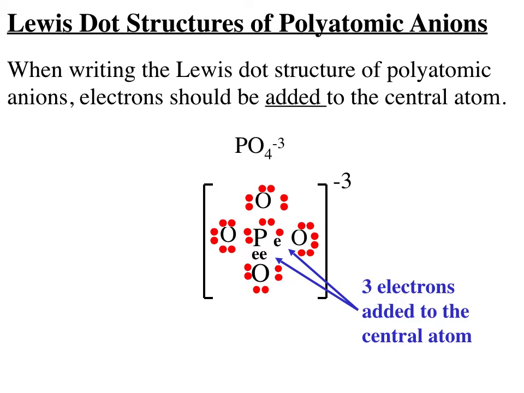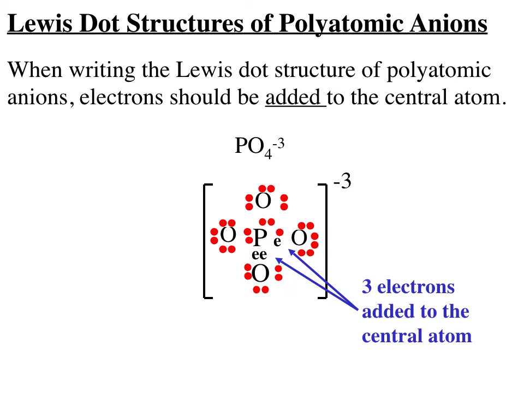So on the central P, which is a 5-dot Lewis dot valence electron structure, because it's in column 15, I placed 3 extra electrons from the charge that the polyatomic anion gains. Notice that conveniently that completes the octet of the P.